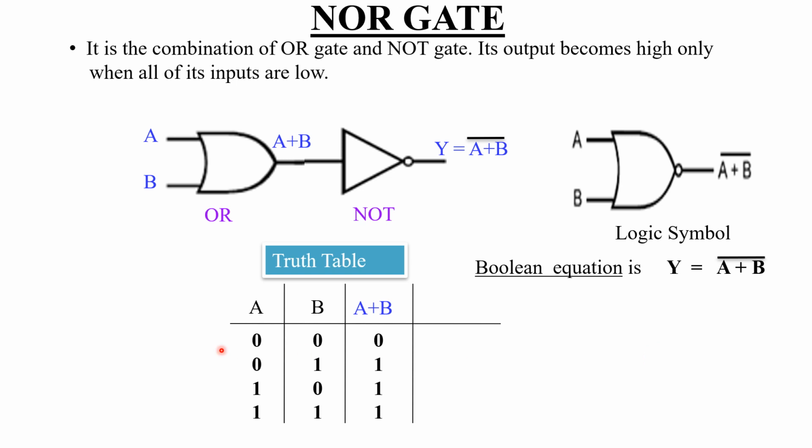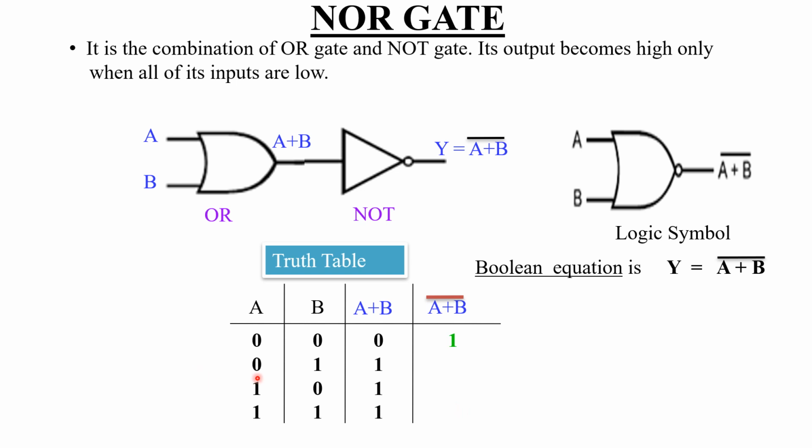When both the inputs A and B are at logic 0, the output of the OR gate is 0, but the NOT gate output is 1. A plus B bar, so 0 bar is 1. For all other combinations of the inputs, the OR gate output is 1. So what will the NOR gate be?